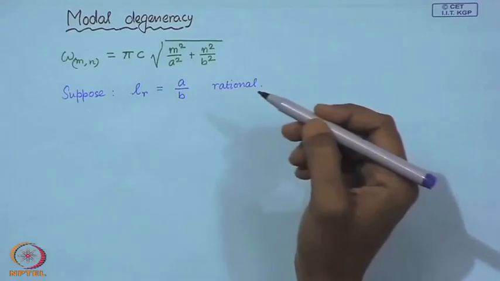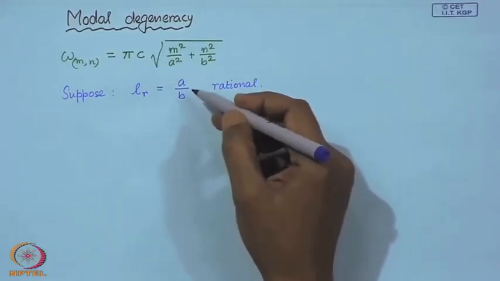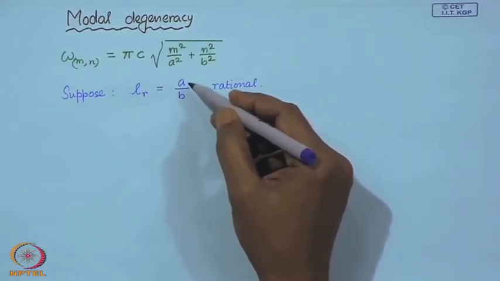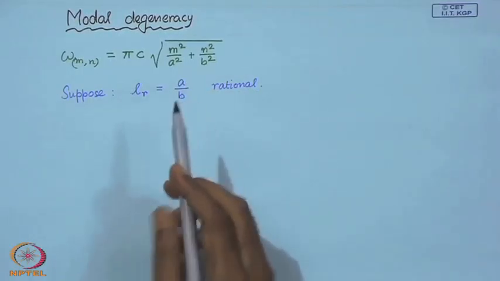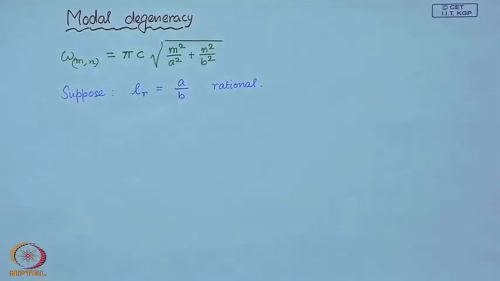So, if this is a rational number, in that case we can have two integers a and b such that a over b equals the length ratio.